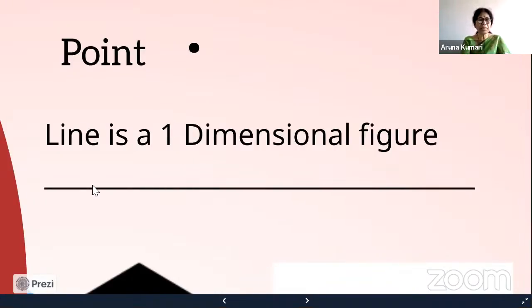So what is the limit? What does limit mean? Up to how much it is limited? It is limited to the last ones. What are those? Those are nothing but points. So the limit of a line, which is a 1-dimensional figure, is a point.